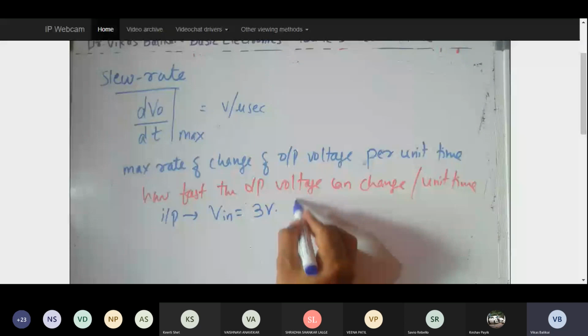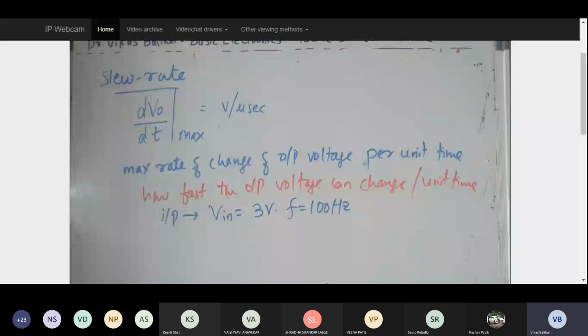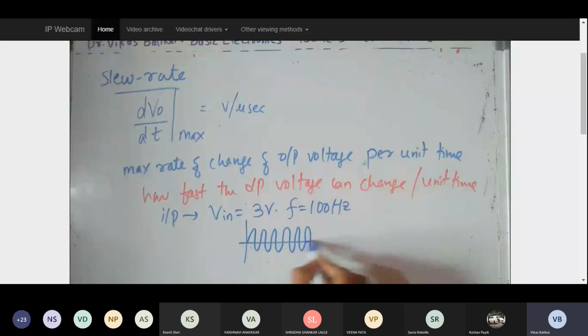Now at the output side also, we expect that the voltage should change at the same rate. Now look, in my input signal, when I draw it, it is changing at 100 cycles per second. In 1 second, 100 cycles come.